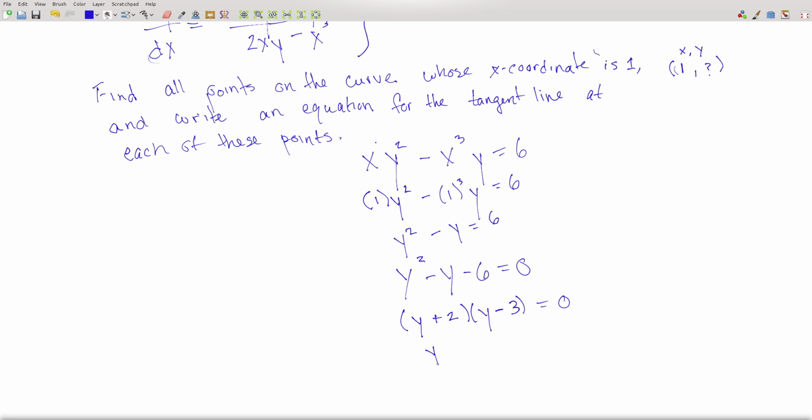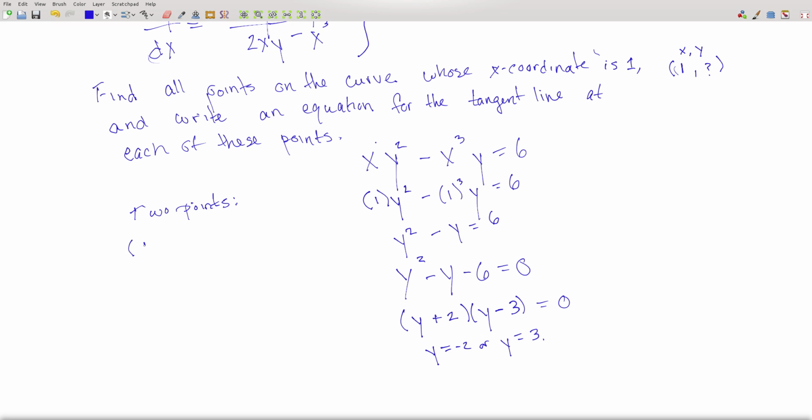That means that when x is 1, y must be negative 2 or y must be 3. So now we have our 2 points. These are the 2 points where x equals 1.